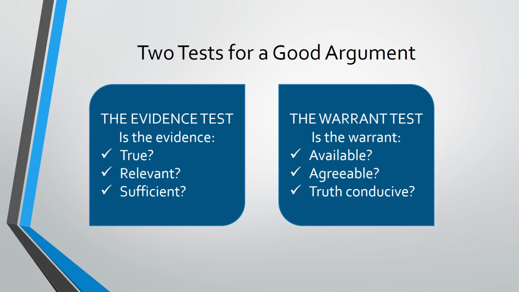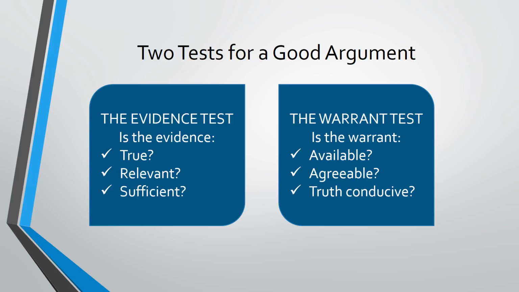The question of availability, is the warrant available, asks if the warrant is indeed obvious. Will the audience be able to see naturally and without effort that the evidence, if true, gives us good reason to accept the conclusion?